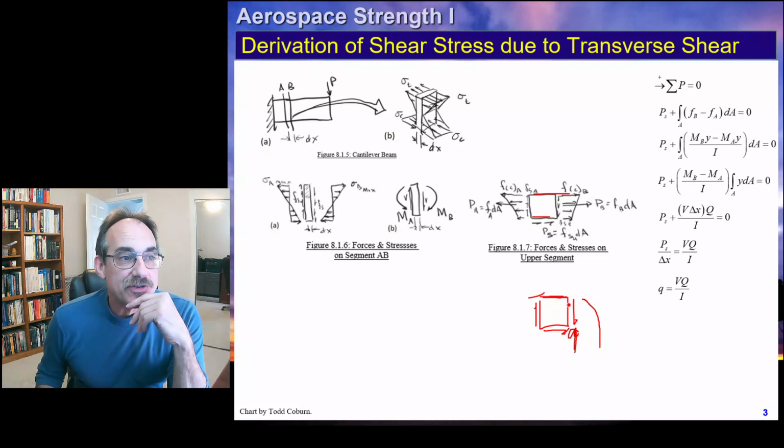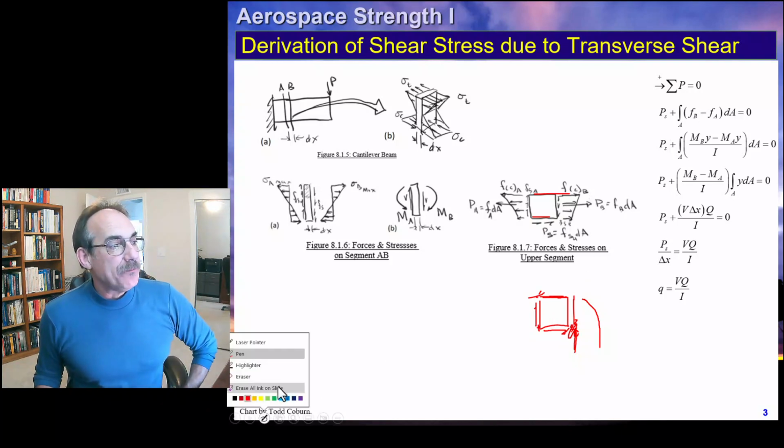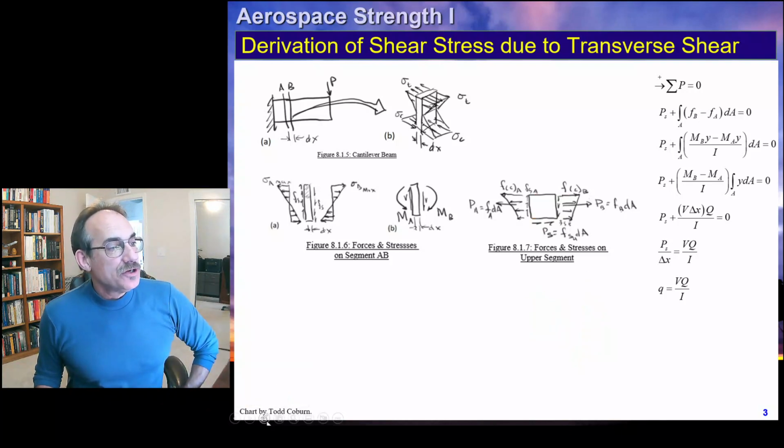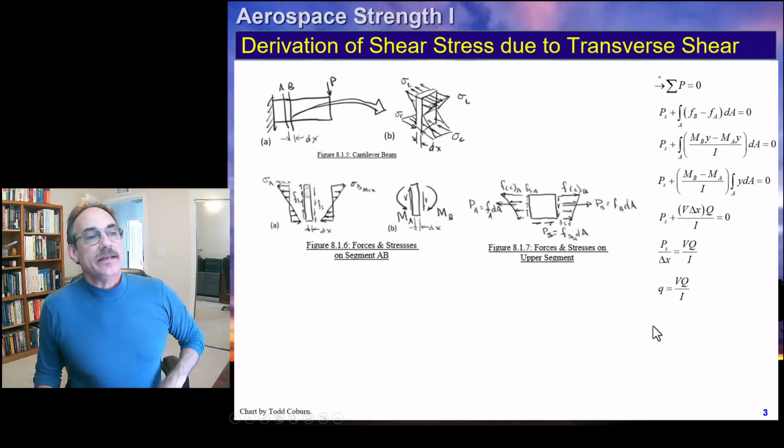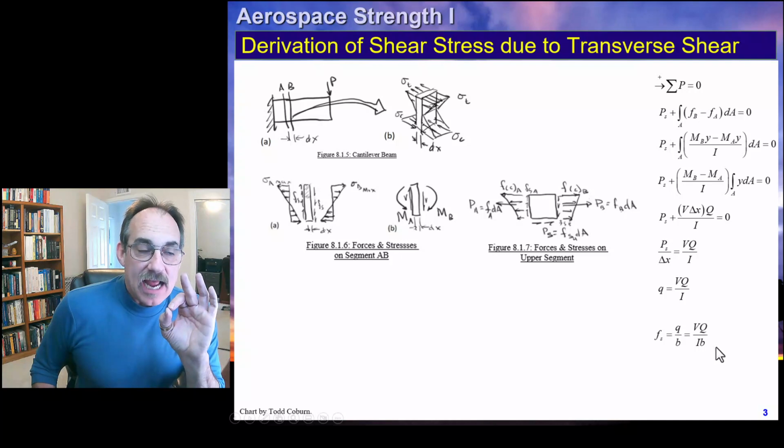The shear flow goes from 0 at the top to some value down here. But at any point, these are the same shear flow. At the top they're 0, but as you move downward, you get more and more until these two are the same. No matter where we cut, we're going to have that same shear flow at any given point. We'll see that in another little slide in a minute.